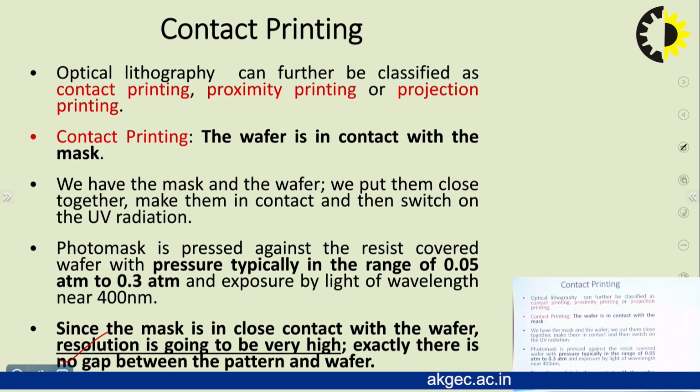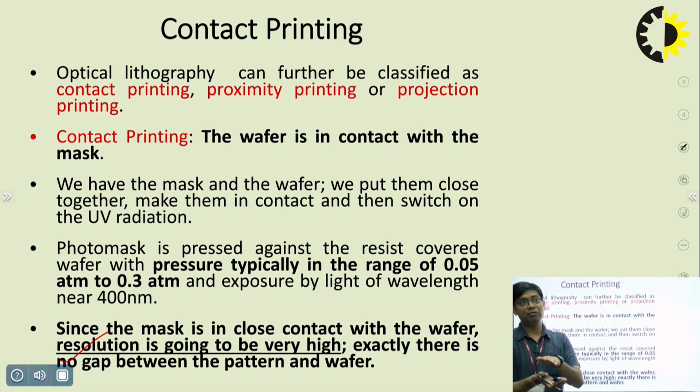When the radiations fall on the wafer through the mask, they don't get scattered or deviated from their paths, because there is no gap for them to get scattered. So the resolution is very high in contact printing, but it has its drawback also.